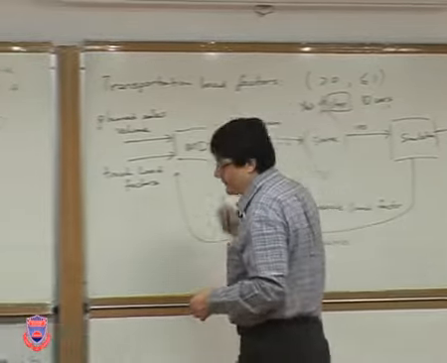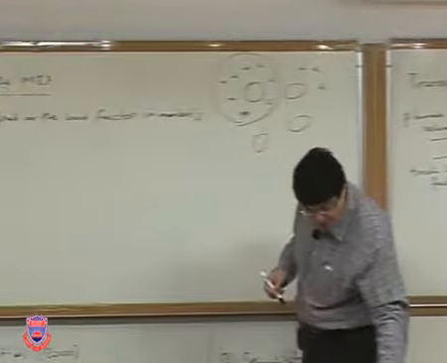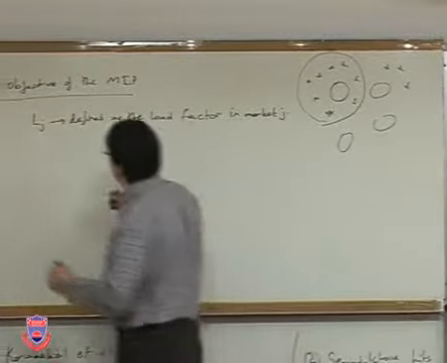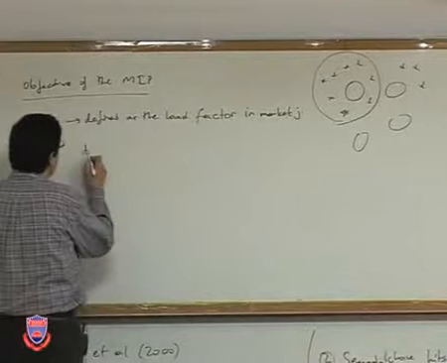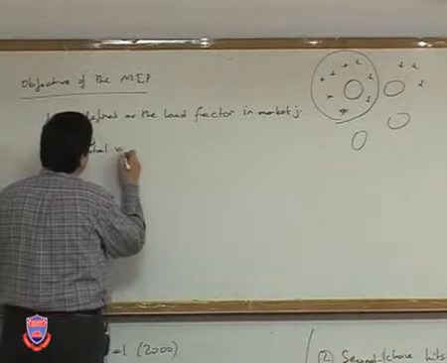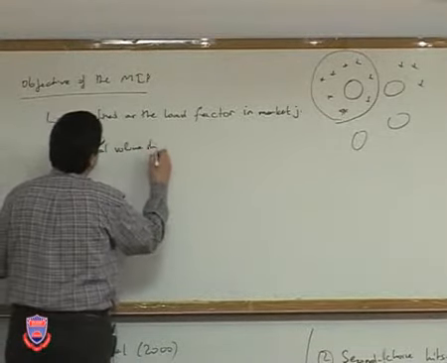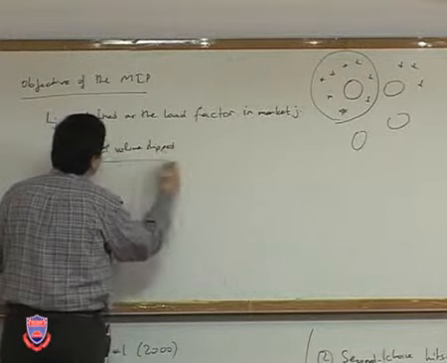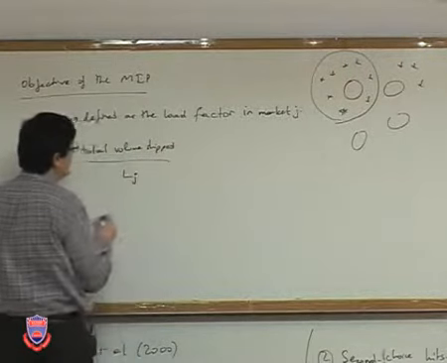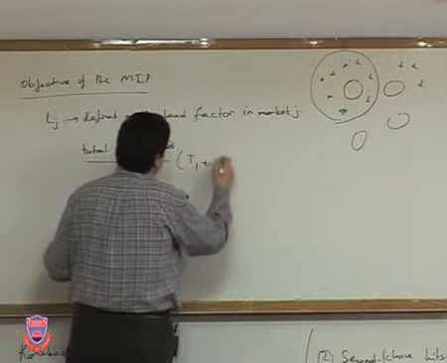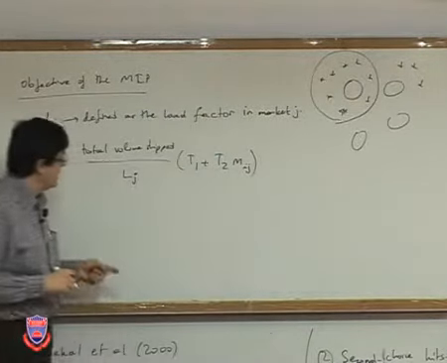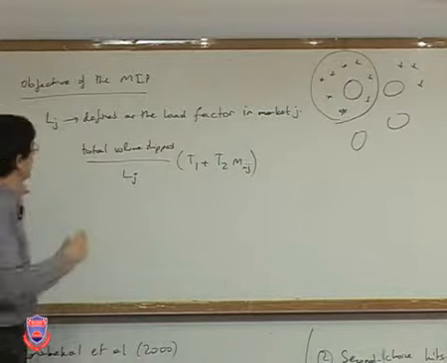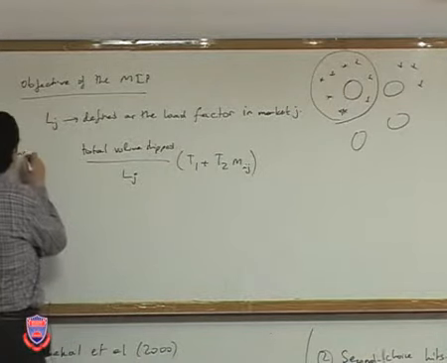Okay, so given this, the term that takes into account the transportation cost is something like this: total volume shipped divided by Lj times T1 plus T2 Mij. So this is basically the transportation cost.